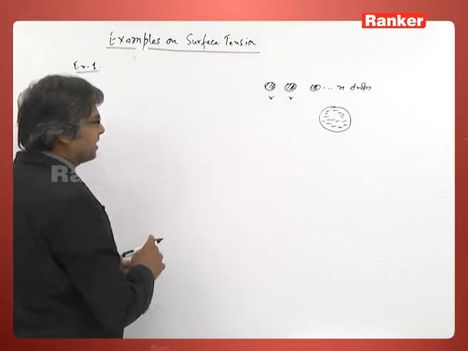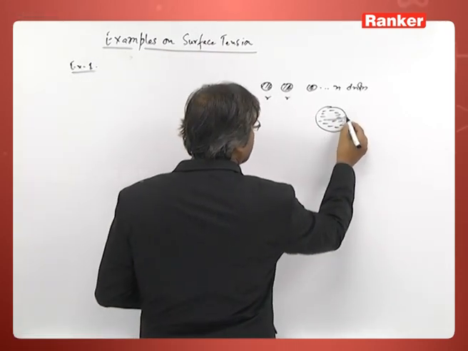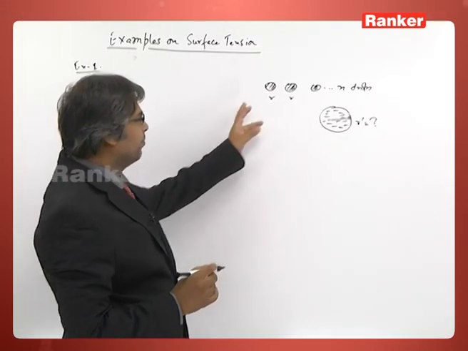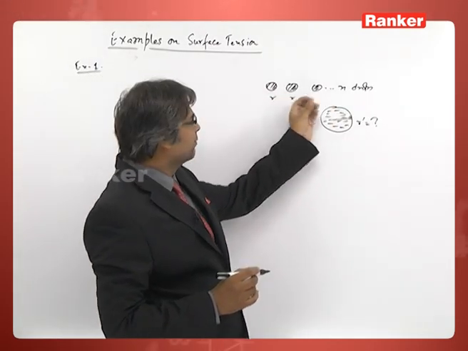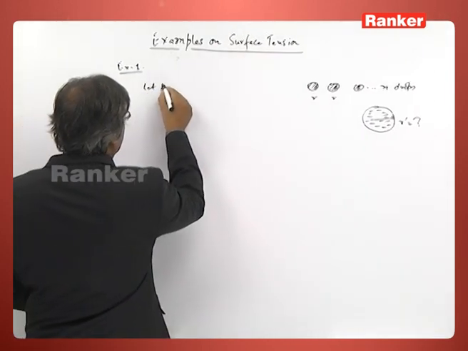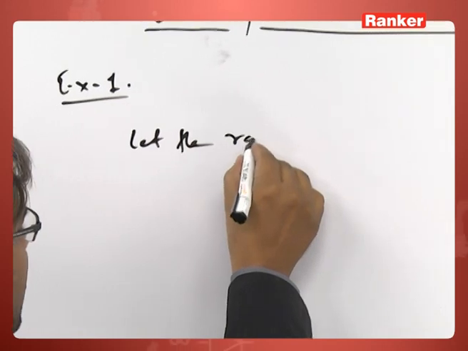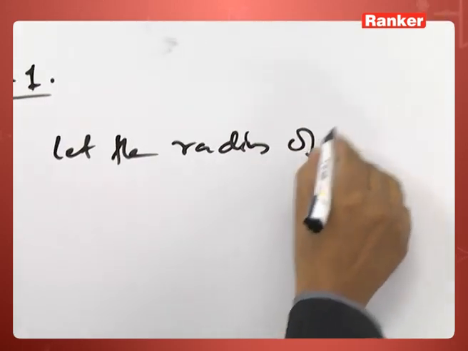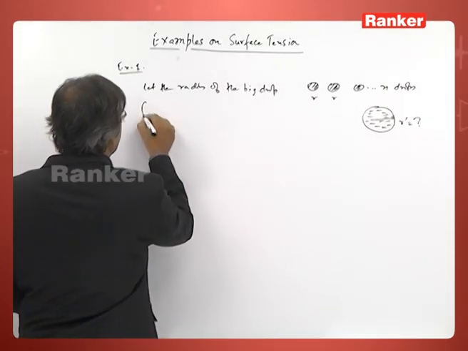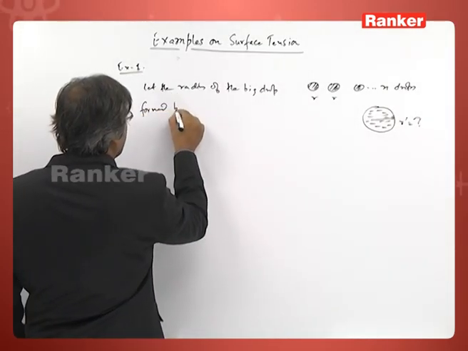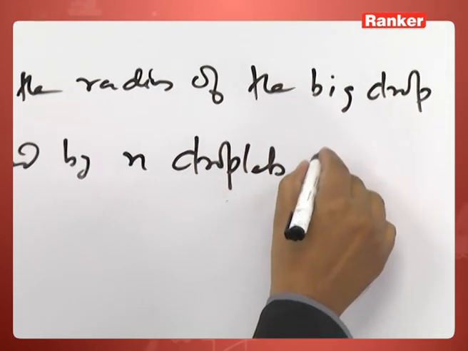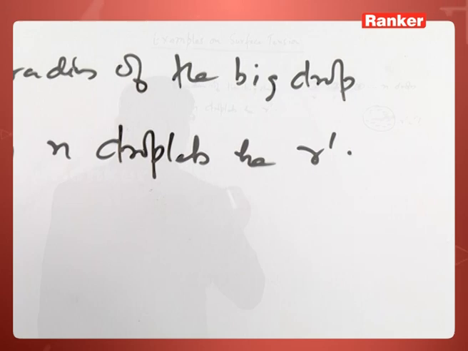First of all, let us see what the radius r dash is which will be formed by adding all the liquids here. Let the radius of the big drop formed by n droplets be r dash.